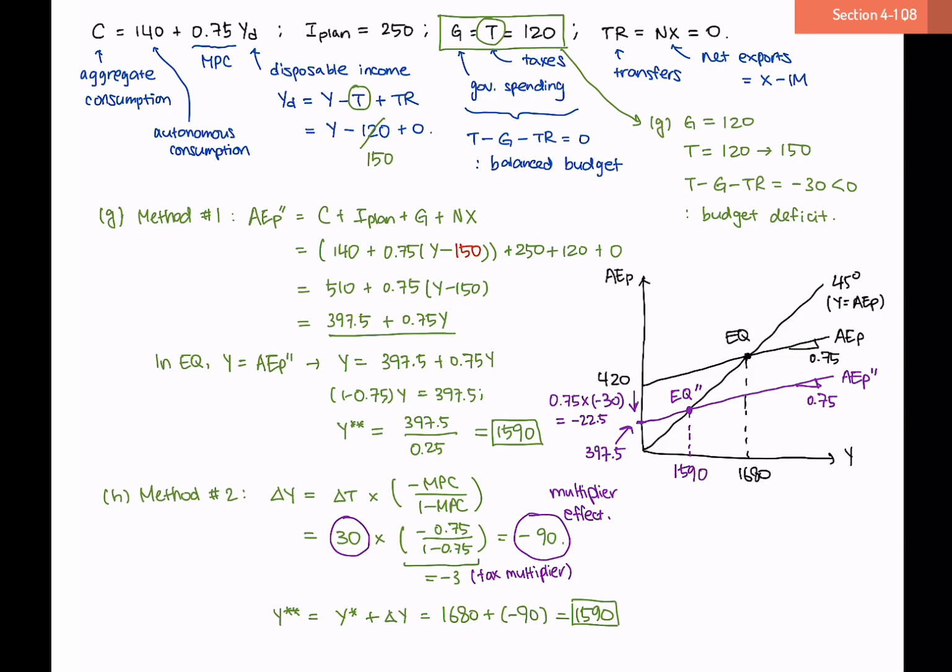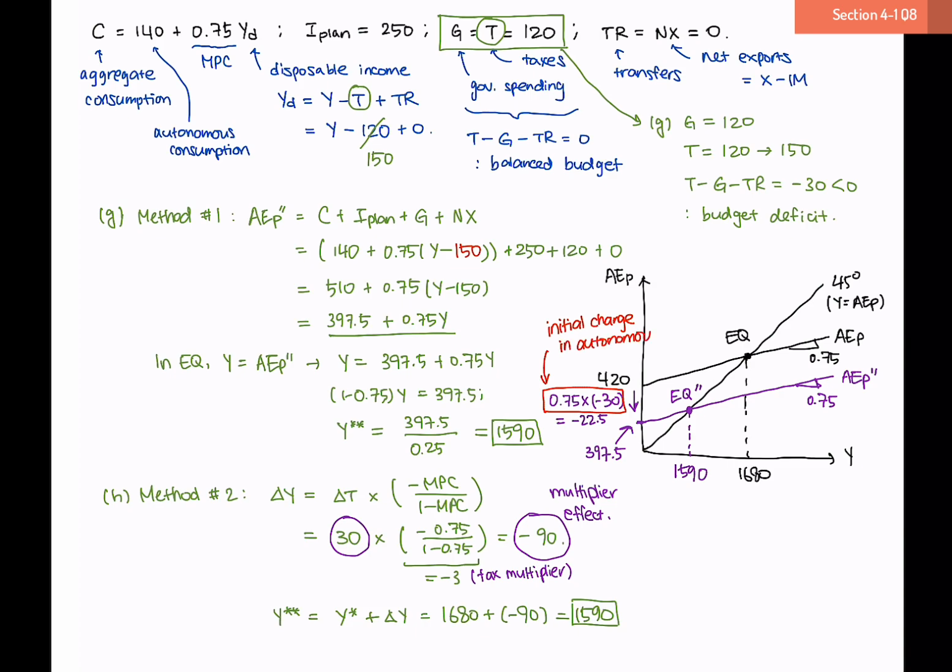So, in terms of the multiplier, if we see a rise in taxes by 30, then that means our disposable income falls by 30, out of which we've only been consuming 75%. So our initial change in autonomous aggregate spending as a result of this rise in taxes by 30 is 0.75, the MPC, times negative 30.